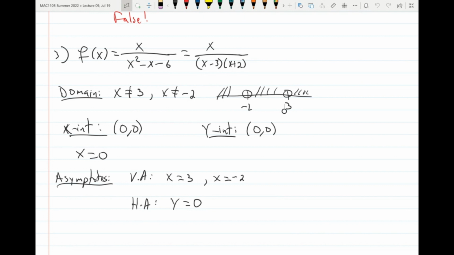Notice that in this example, we are crossing a horizontal asymptote, because we have an x-intercept. The horizontal asymptote happens to be y equals 0, and we are going through it. But remember, a horizontal asymptote is behavior at infinity: what happens when x is big in both directions. For small values of x, anything can happen, so it's okay to cross them, like in this case.